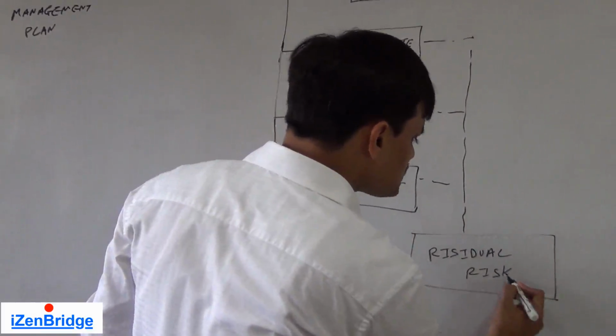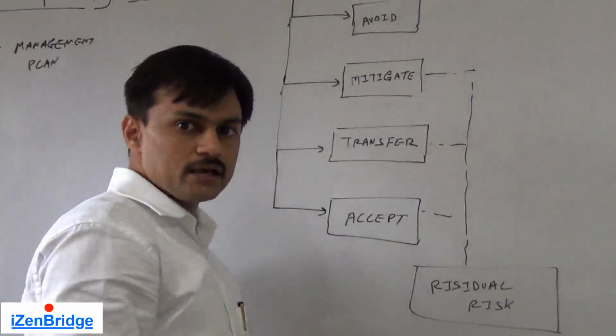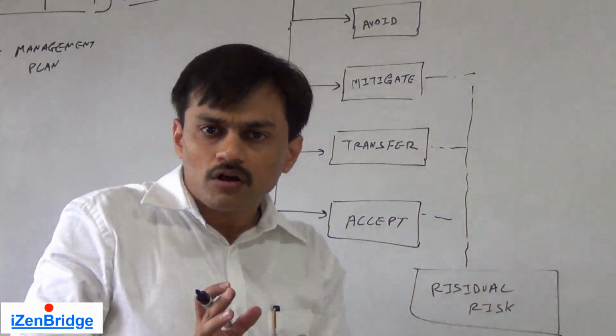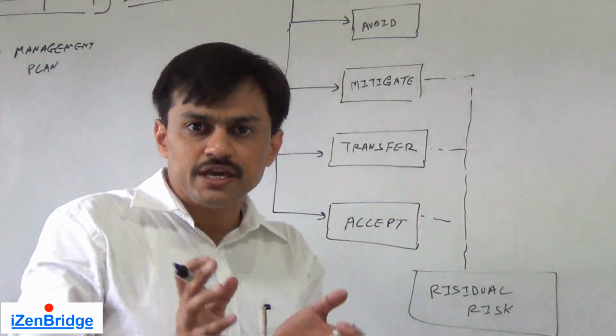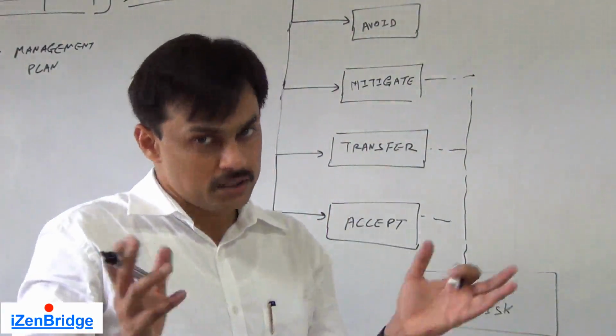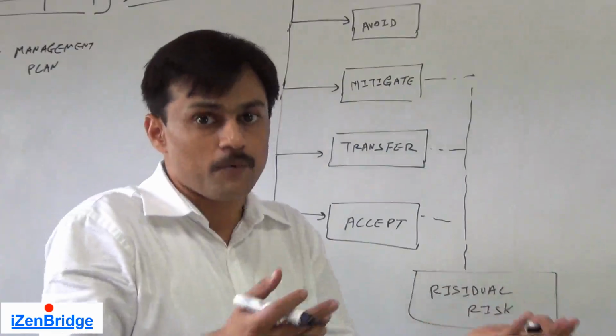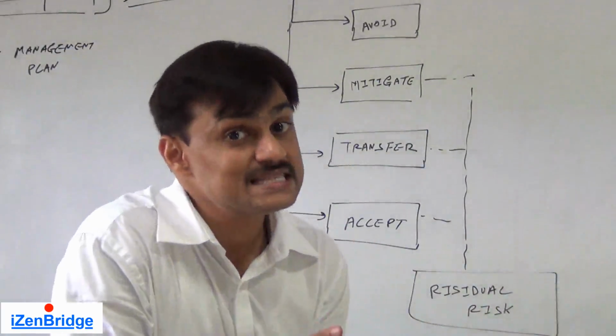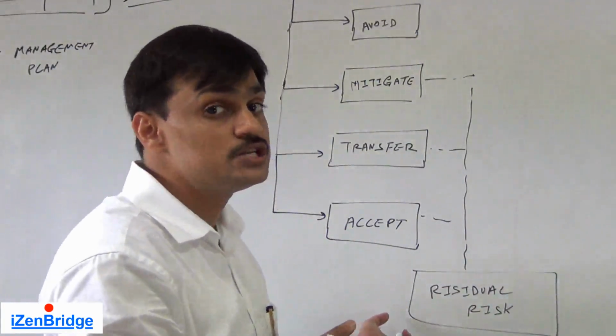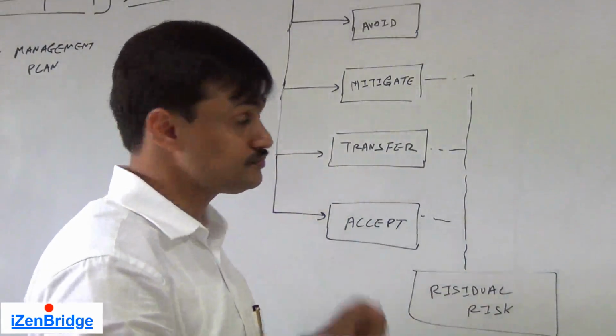Residual risk is something like you did everything possible to manage, mitigate that particular risk, but there is still a probability of it happening. Now it is less, but it remains as a residual in your risk register.